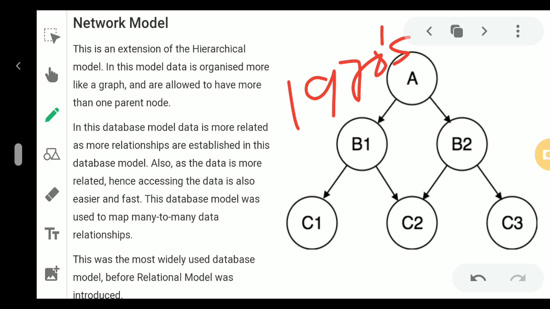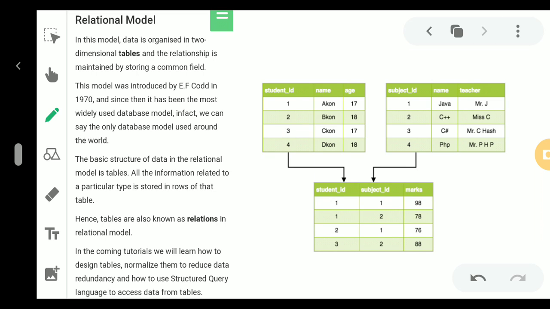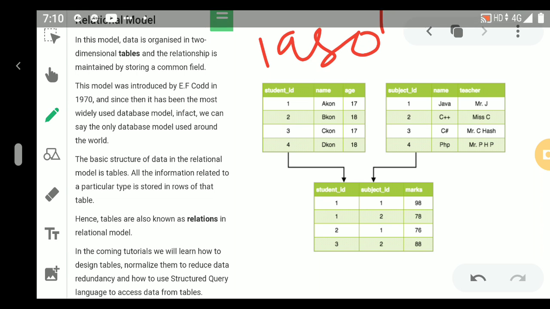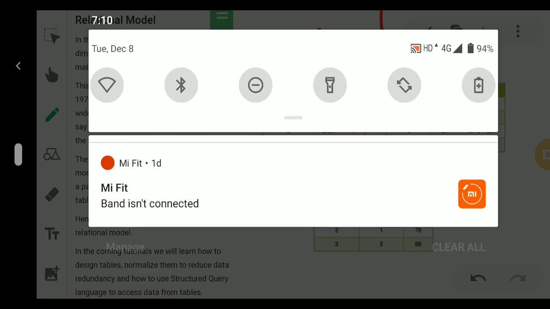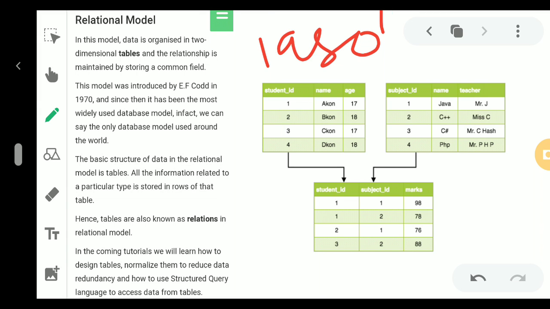Okay. So now the network model is over, and we are going to the topic of the relational model. This is the most popular database model in use today. It was developed during the 1980s. Remember that it was developed in the 1980s, and it virtually replaced the hierarchical and network models.